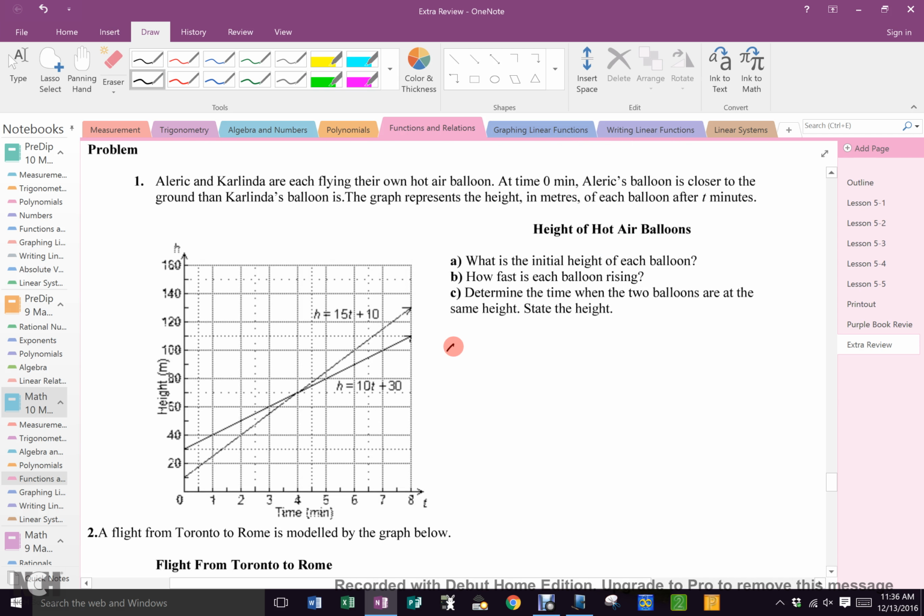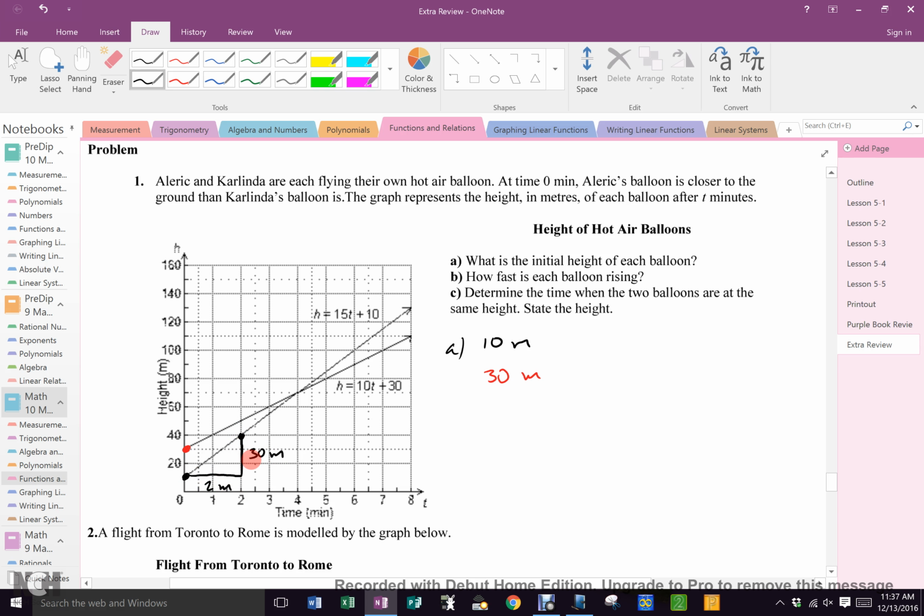Initial height of each balloon. So the first balloon is right there. It's at 10 meters. The second balloon is right there, and it's at 30 meters. How fast is each balloon rising? So we need to check. The black one, I'm going to use this point right here. So I went up 30 meters in 2 minutes.